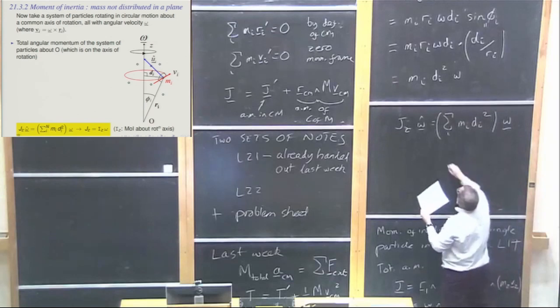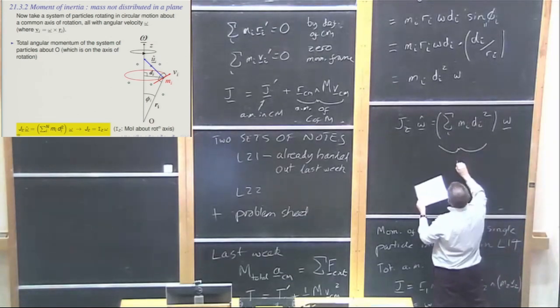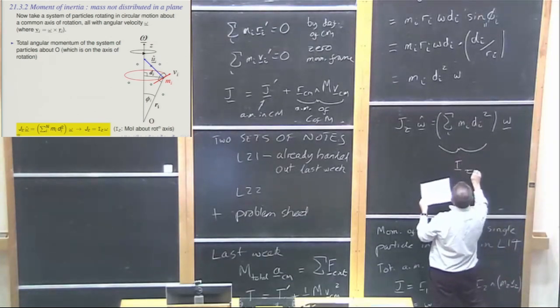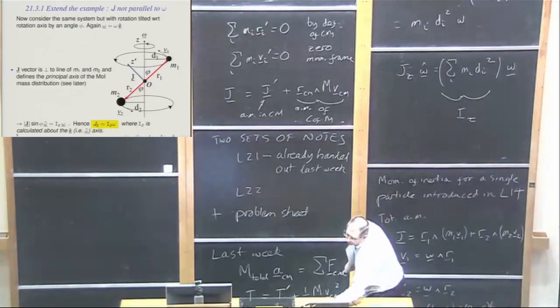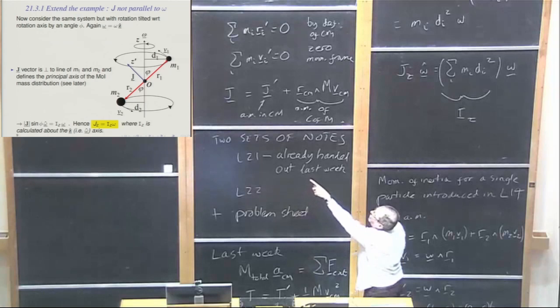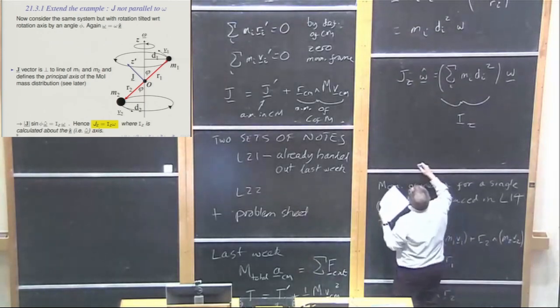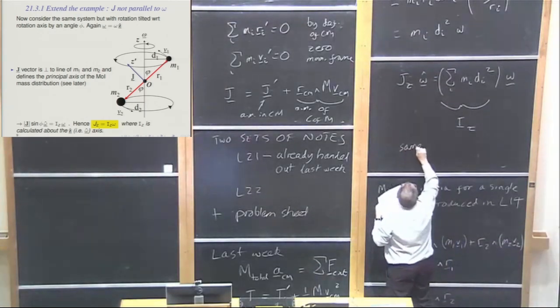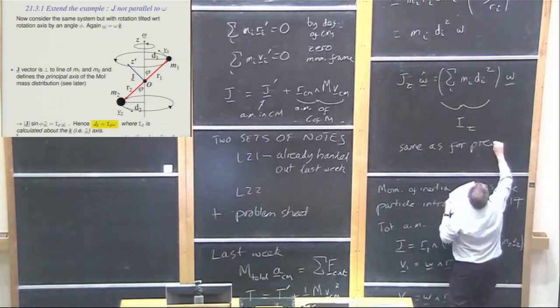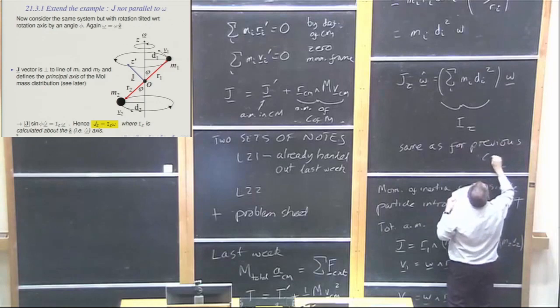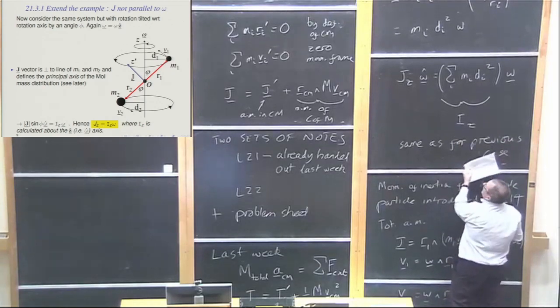So this is Iz, which is the same result we had for the previous case. Okay.